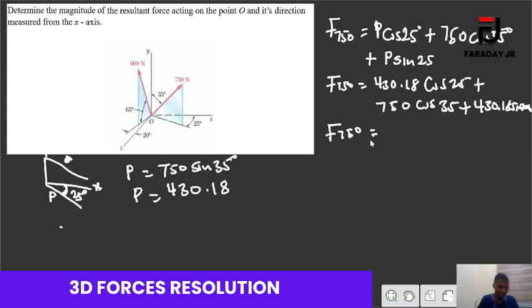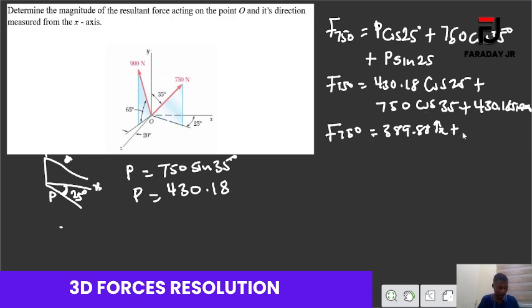corresponding values of 300 and 89 point 88 Ix. So the force in the x plane, plus that of the y, which is the second one, because that's what is giving us the y plane.